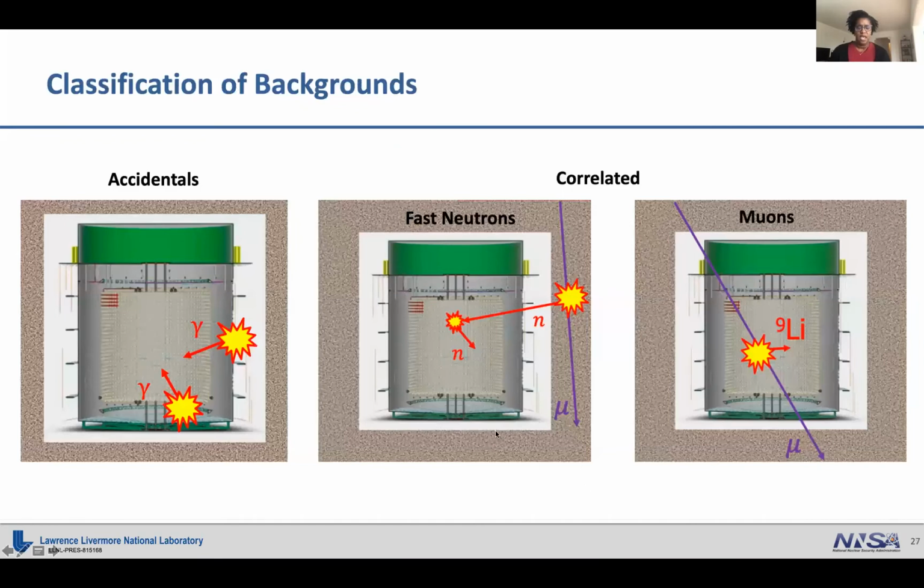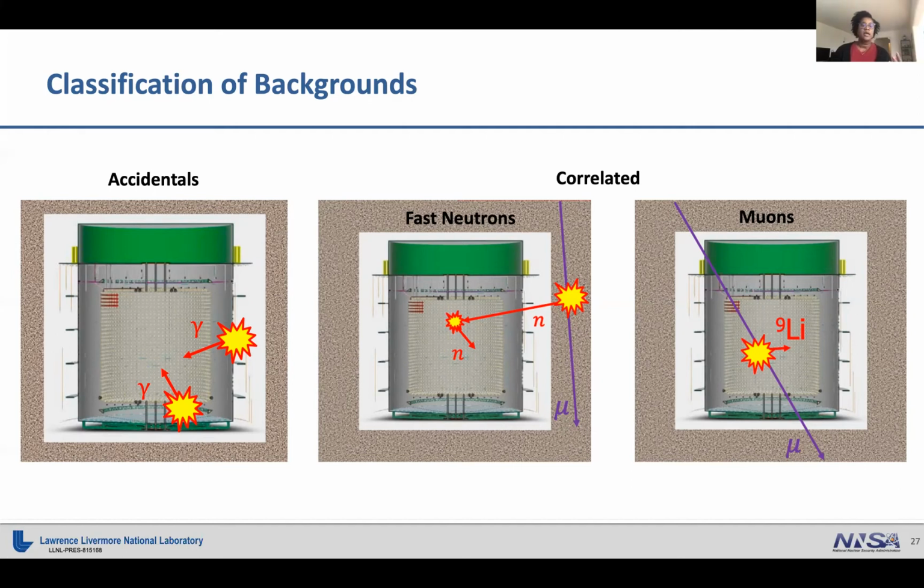Okay. And then we have other backgrounds aside from the backgrounds that are shockingly similar to the signal that we want to see. The first of which we refer to as accidentals. And so accidentals are really just gamma rays and beta rays from just normal radioactive decay within our structural components, right? So we know that there's going to be trace amounts of uranium and thorium in the water.